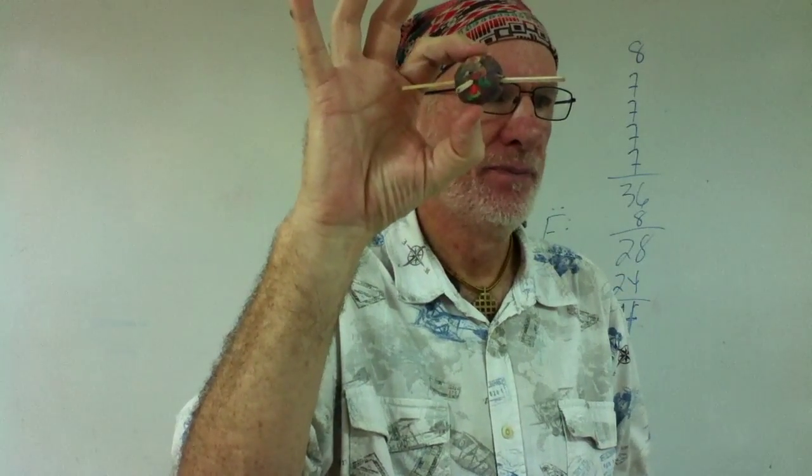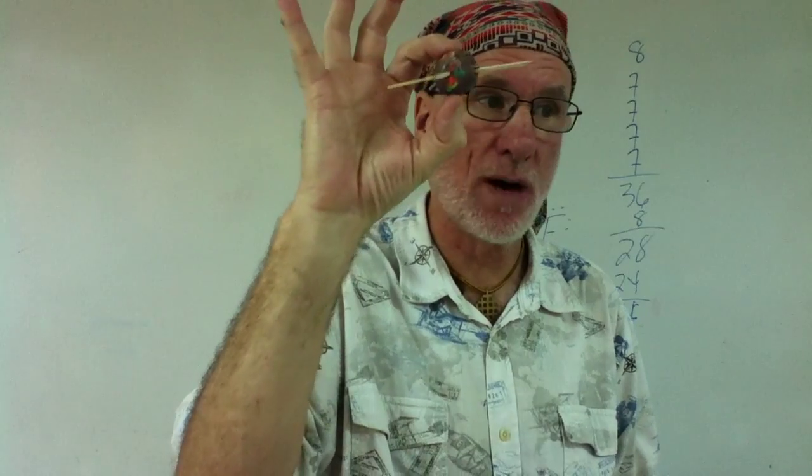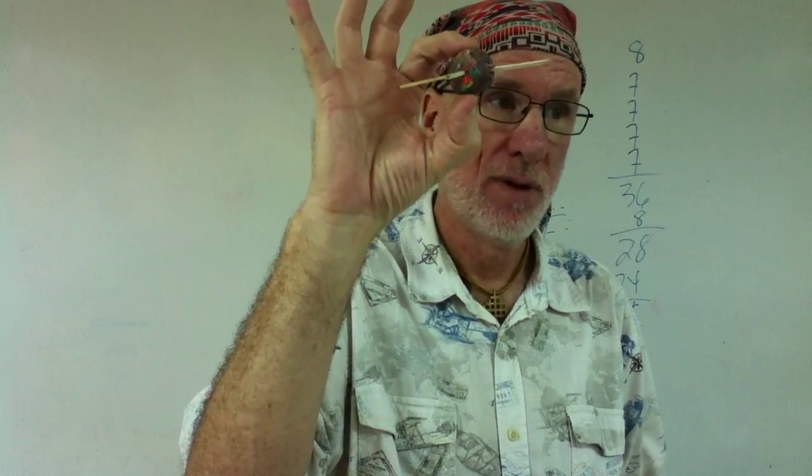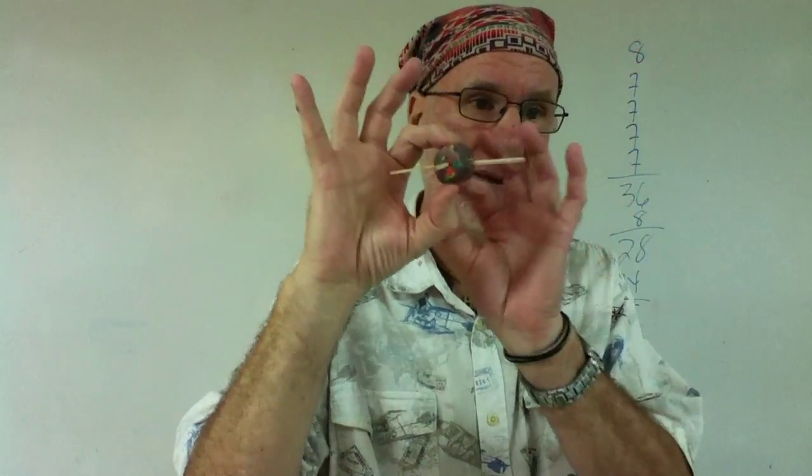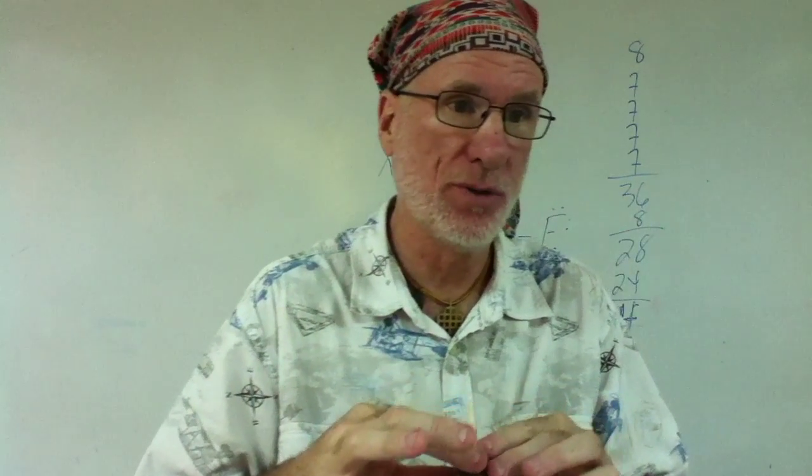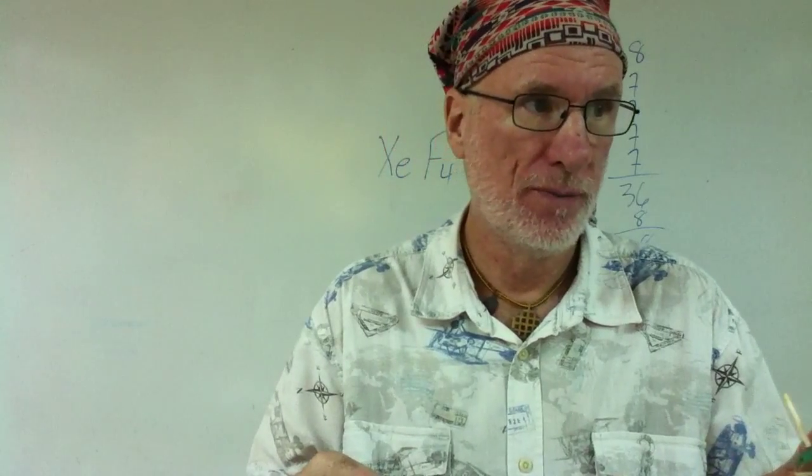You get it? Both the tetrahedron and the square planar are nonpolar, providing these outer atoms are the same. Clear? All right, review part 1 finished. We'll go on to review part 2 in a moment. Clear? You sure? Yes. Excellent.